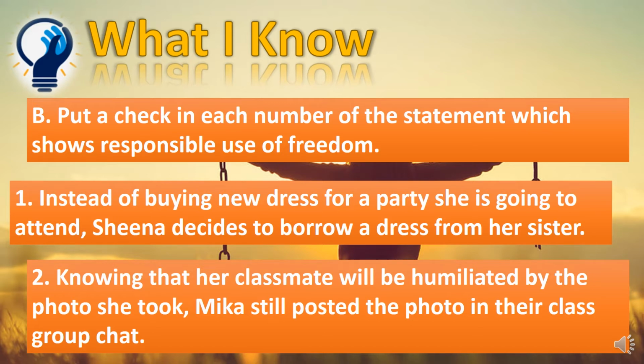So what is your answer? Yes, correct. It shows responsible use of freedom. So the answer will be check. Number 2. Knowing that her classmate will be humiliated by the photo she took, Mika still posted the photo in their class group chat. Is there a responsible use of freedom? Yes, the answer is no. So there is no check.